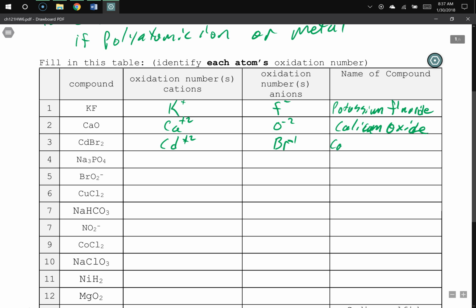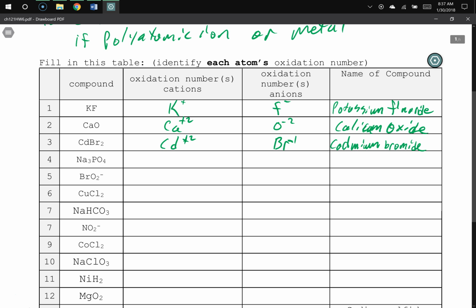This is cadmium bromide. Cadmium is one of the elements that's in the transition metal area. And with those, we typically have to give an oxidation state.